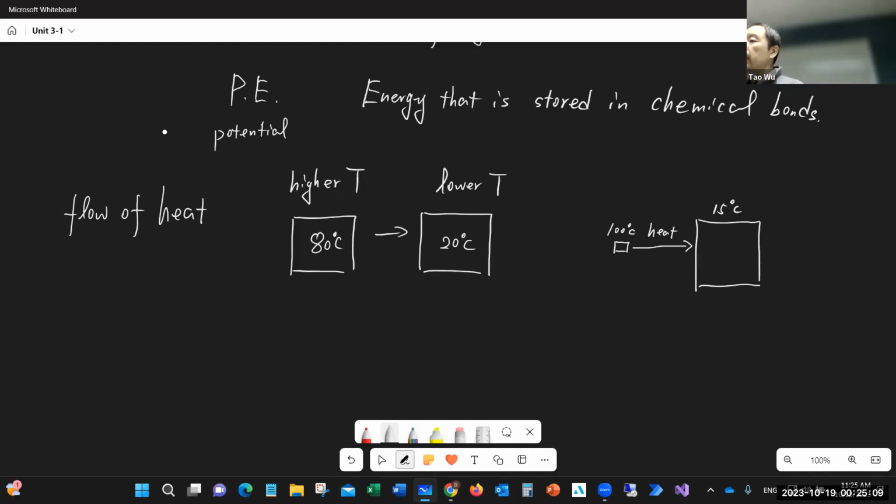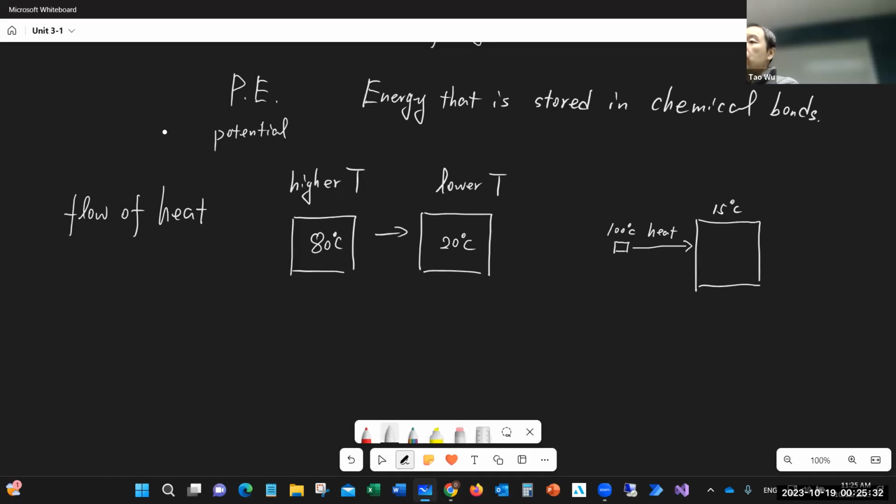Again, heat is energy, and energy is never created or destroyed, which means the energy will be transferred from one side to another. If something releases heat, the other object will be absorbing the heat. That makes sense, right?